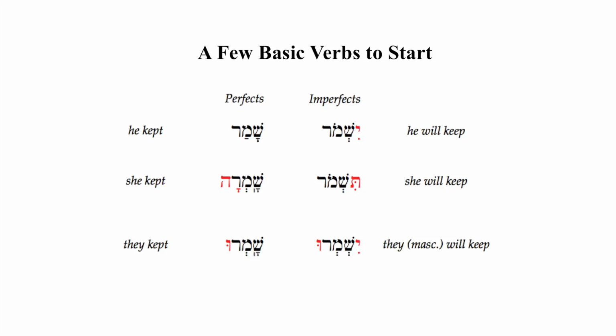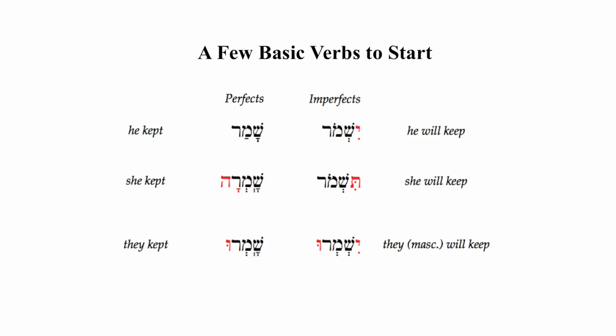So he or it will keep. She or it will keep. And then yishmaru is masculine plural. Remember, the u ending, I said a moment ago, is always masculine, always plural. You'll notice too that it has a yod at the front, just like the masculine singular he. Yishmaru means they all will keep. Yishmor, tishmor, yishmaru. Six forms.